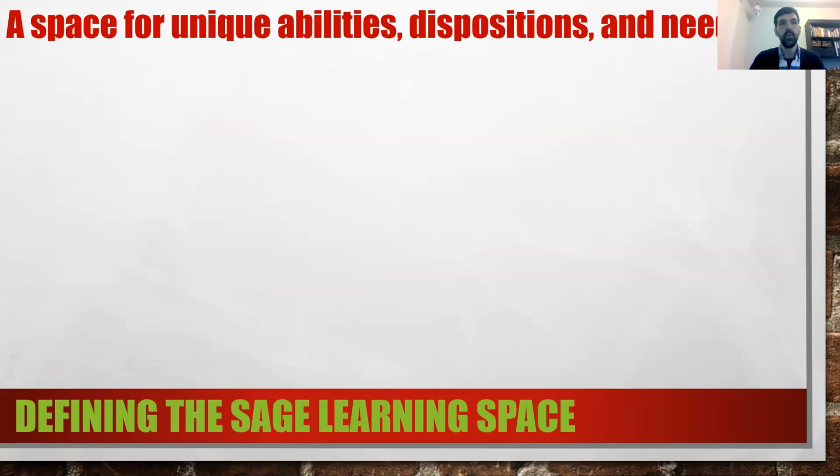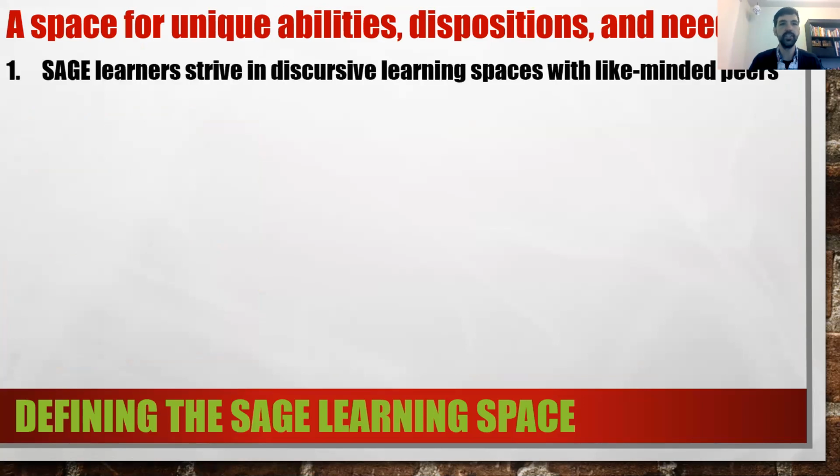First of all, we try to create a space that best addresses the unique abilities, so the skills, the dispositions, and the needs of our gifted population. And we do this by keeping in mind that SAGE learners, and we know this from research, thrive in discursive learning spaces with like-minded peers.